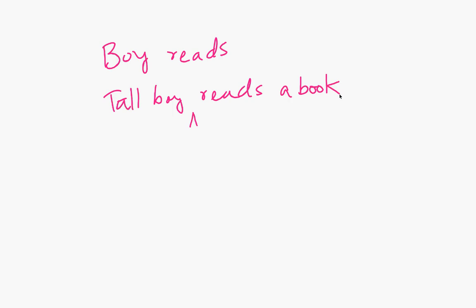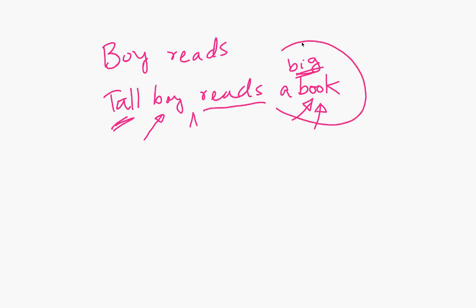Now there could be more words again, what kind of book it is, or written by whom. Like a tall boy reads a big book. So big also becomes an adjective to this word book. And tall becomes an adjective to the word boy. So big and tall are coming as adjectives, additional words describing some characteristic of nouns in a sentence.